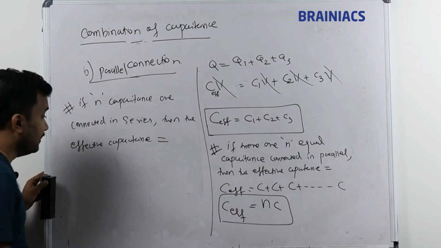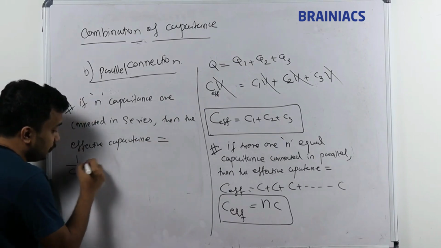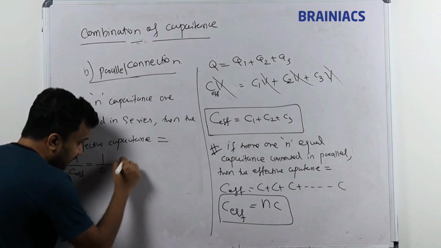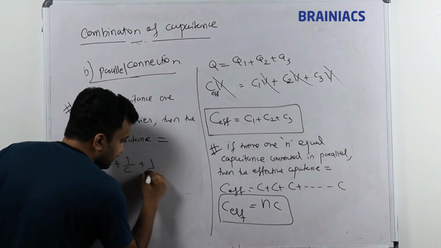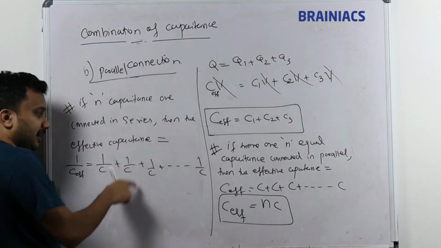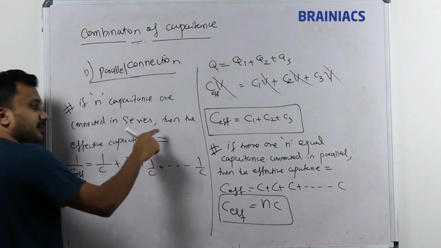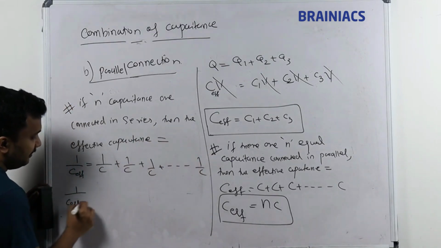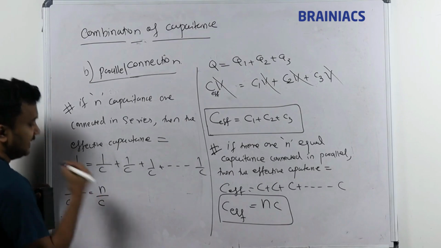So 1 by C effective is equal to 1 by C plus 1 by C plus 1 by C and so on, up to 1 by C. So 1 by C, 2 by C, 3 by C, 4 by C, 5 by C. Finally how much will come? N by C. So 1 by C effective is equal to N by C.